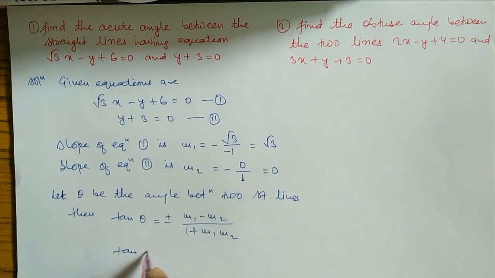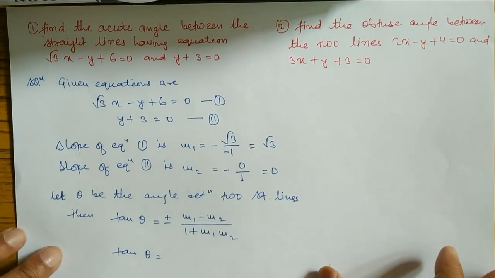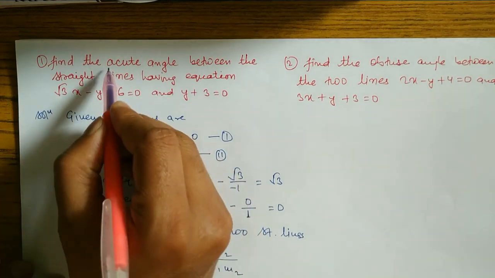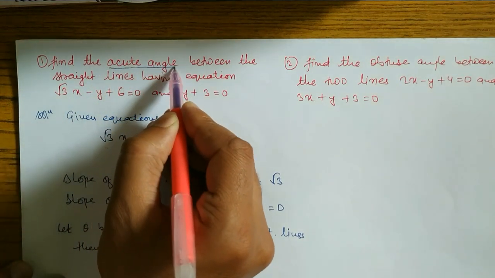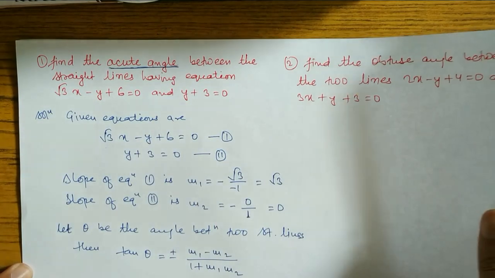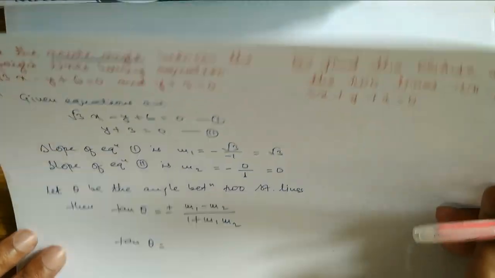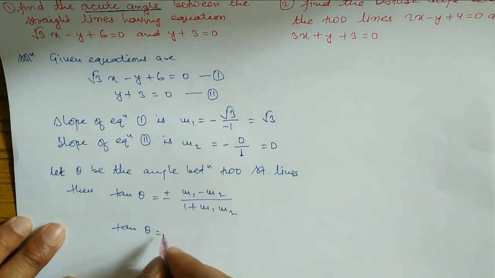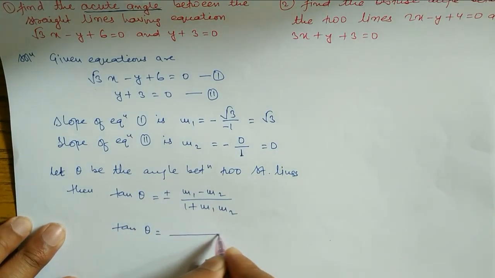Now one thing you have to look at here: they are talking about the acute angle. So we have to take positive only, no need to write this plus minus sign.